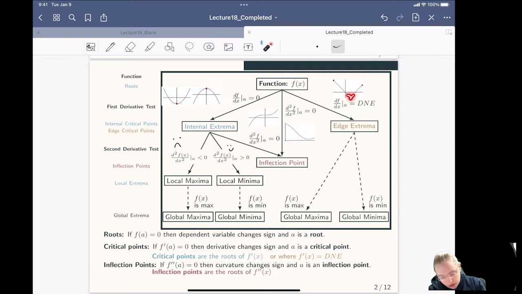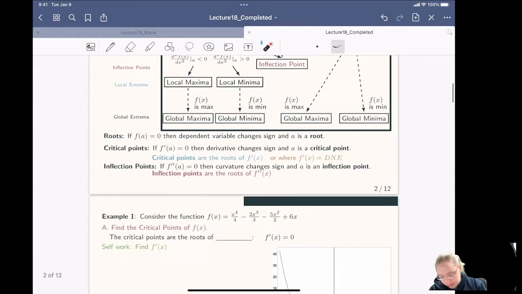And so if there's a sharp transition, like a V in the function, then this is also an edge extrema, and we evaluate the value of the function at all of those points, and we can characterize whether one of these internal extrema is the most extreme, or if one of the edge points is most extreme. All right, so this is just a summary, but we'll see how it comes into practice in the following example.